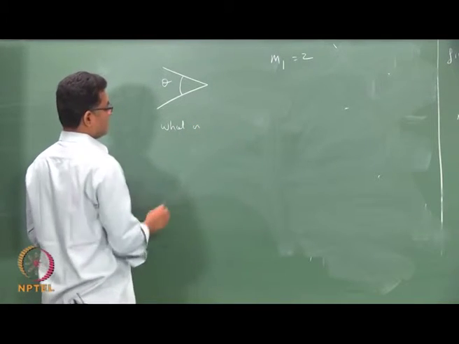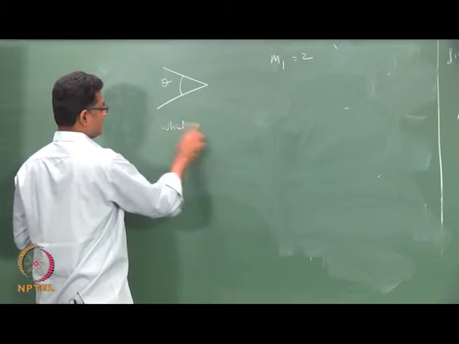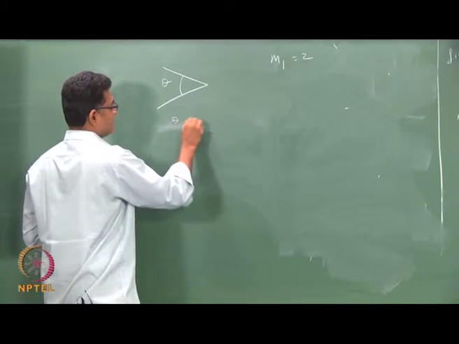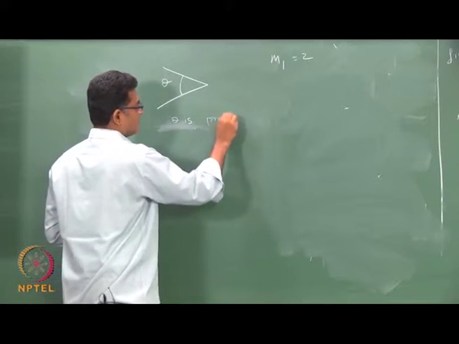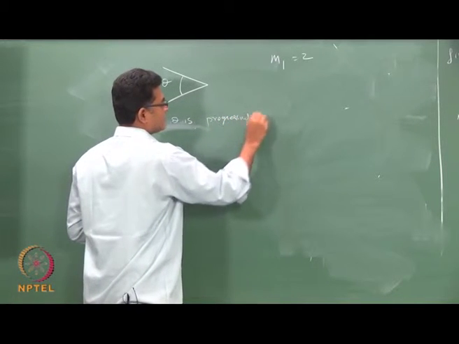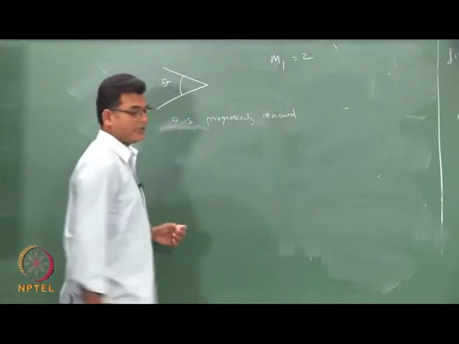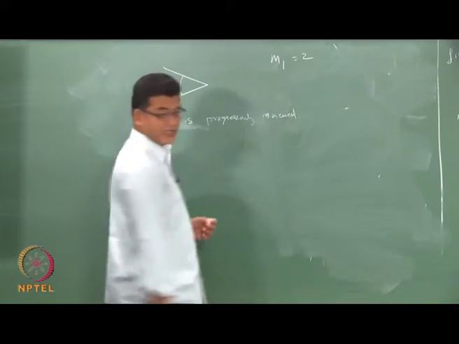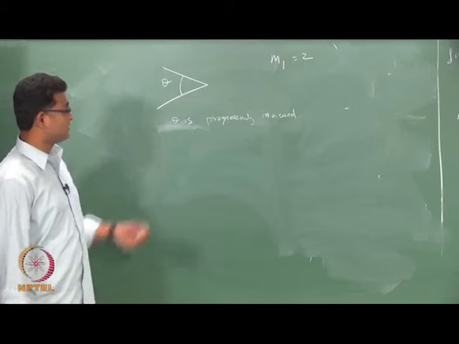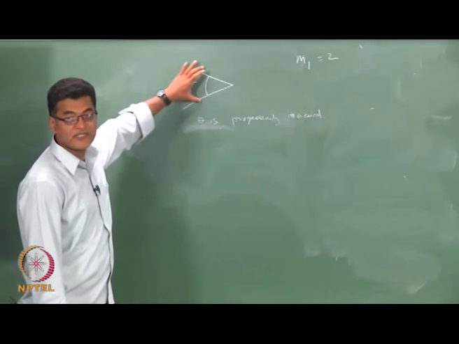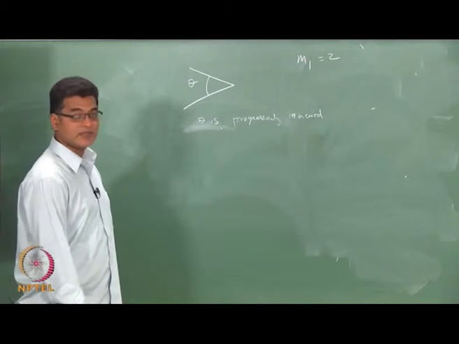What is the, so I keep increasing my theta, theta is progressively increased. Again this is a steady case, we are not doing this increase in time, but we are having a different wedge and appropriately finding the solution.